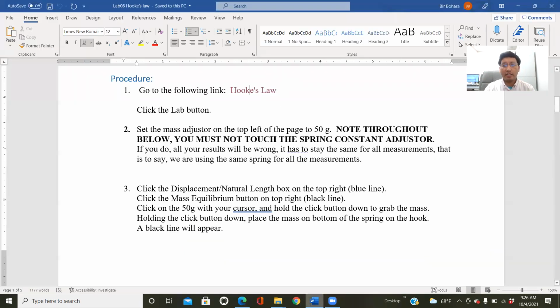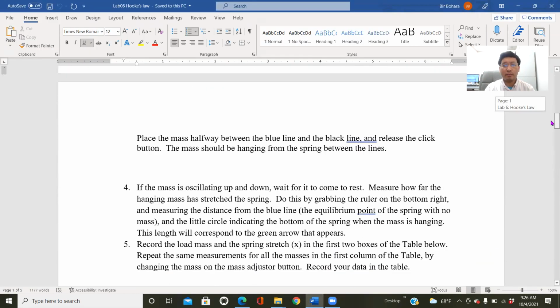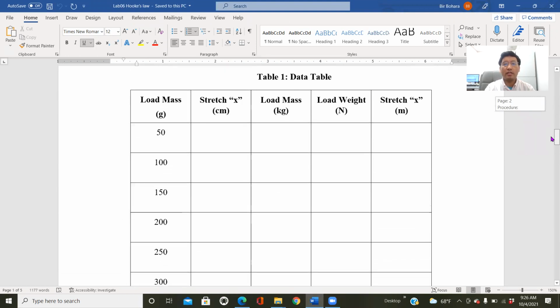Let me get the data table. Go down to the data table, table 1. It has several columns like mass, extension X in centimeter, and load mass in kilogram. You can convert grams to kilograms and then calculate the load. We'll do it later.